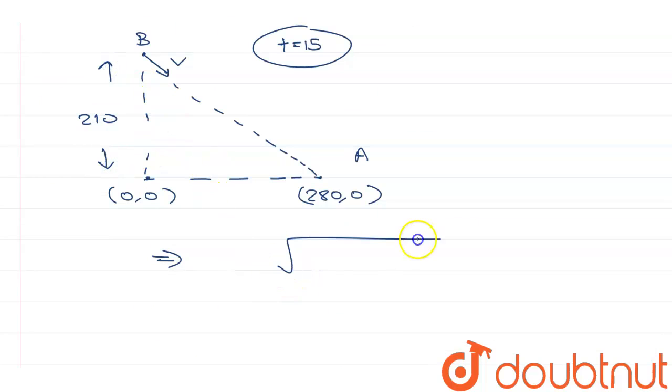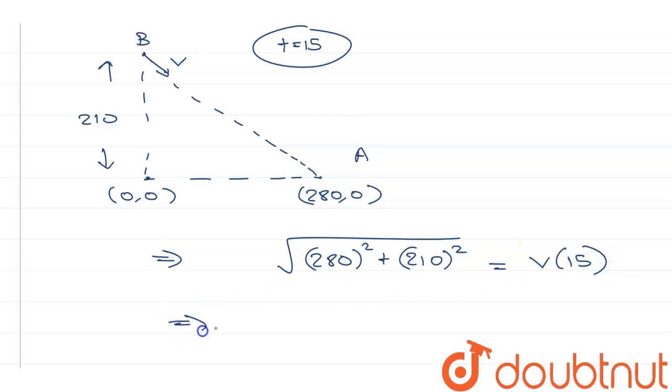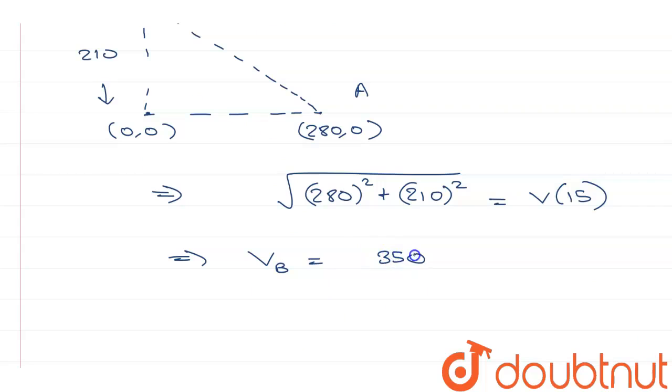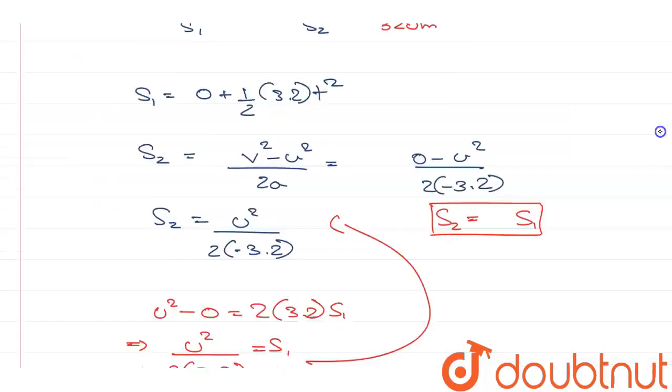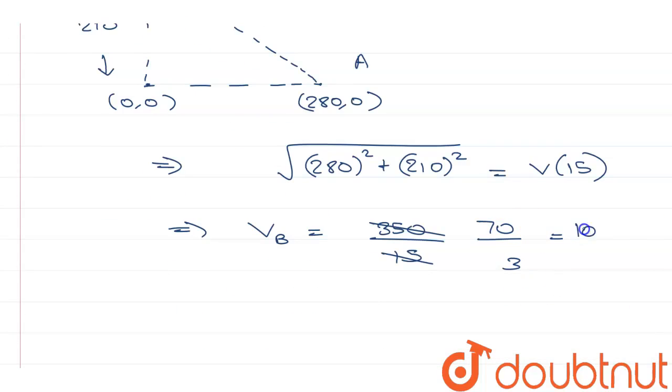So the distance AB will be equal to root over 280 square plus 210 square. This should be equal to V into 15. So V, that is the velocity of B, let's call it VB, should be equal to 350 upon 15. 5 and 5 get cancelled, 70 upon 3. And in the question, the velocity of B is given as 10n by 3. So this should be equal to 10n by 3, which means the value of n will be equal to 7.